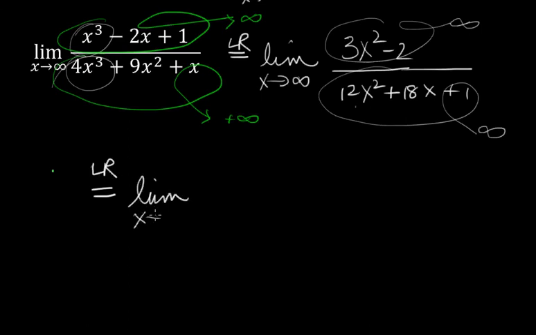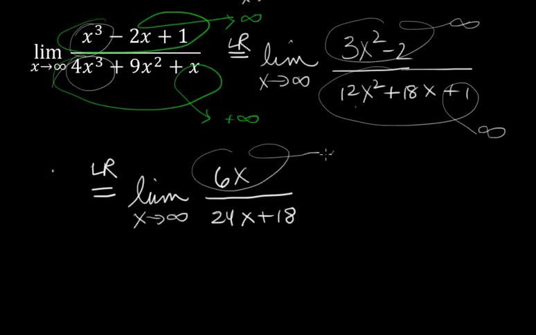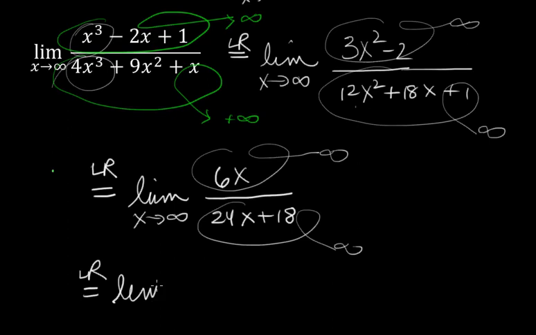So we have the limit as x approaches infinity of 6x over 24x plus 18, and we could again say we have infinity over infinity, use L'Hopital's rule again, and we get the limit as x approaches infinity of 6 over 24. Those are both constants, so the limit is 1/4.